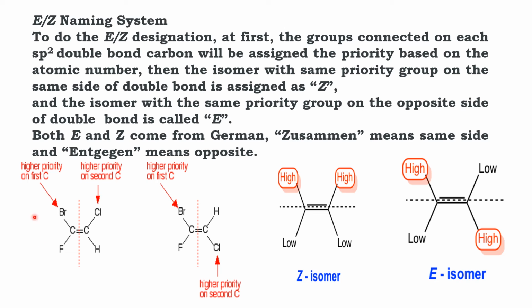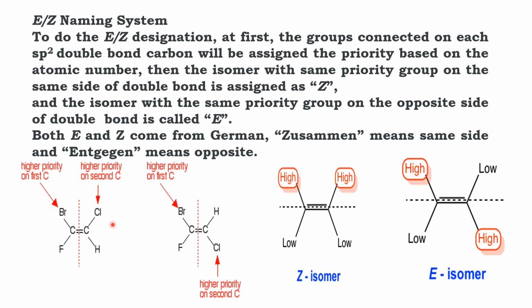These four atoms are different. Hence, we cannot say they are cis or trans isomer. So we have to determine the priority.